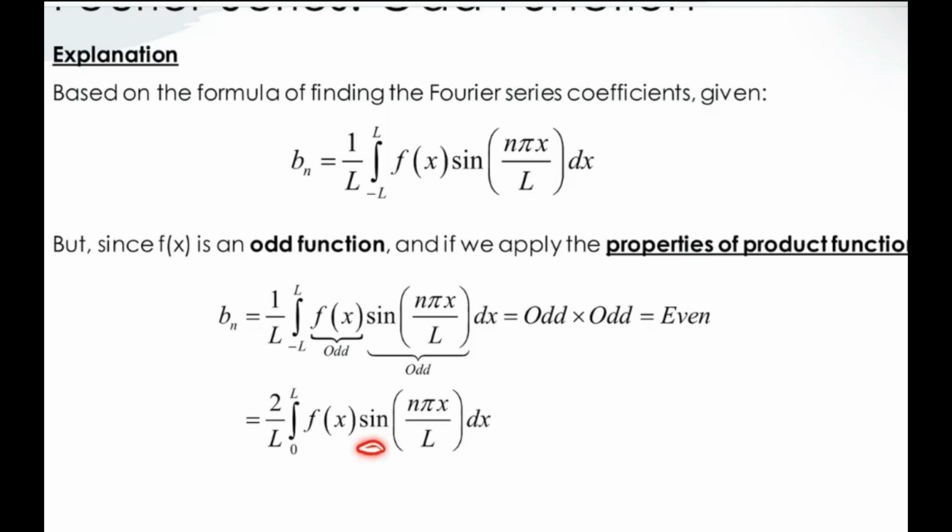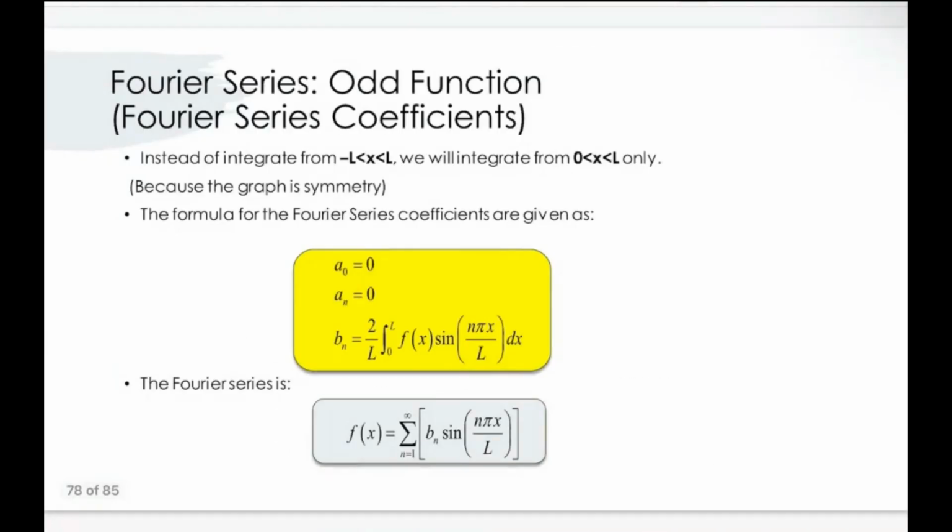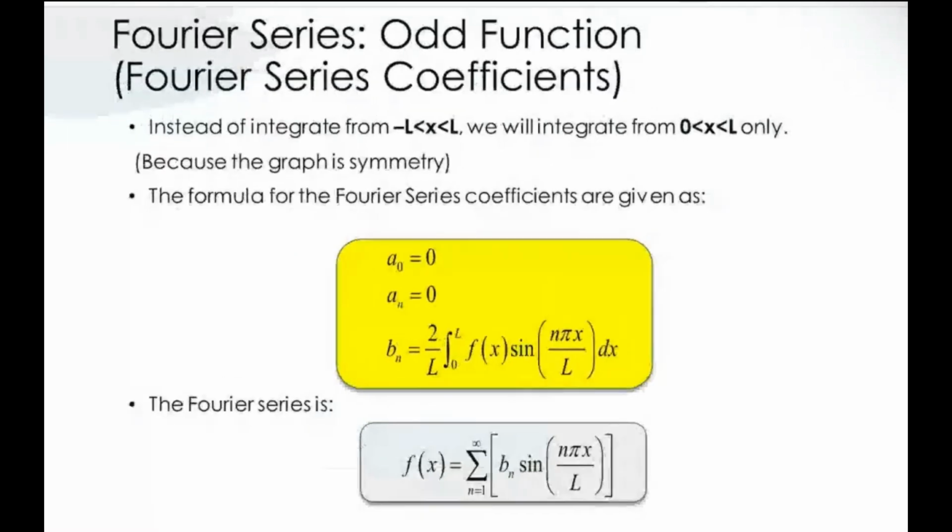We know that the sine function is an odd function, so we don't need the cosine function. Alright, let's proceed to the formula. Instead of integrating from negative L to L, we integrate from 0 to L only because the graph is symmetric. And a_0 is 0, a_n is 0, and b_n is this function.